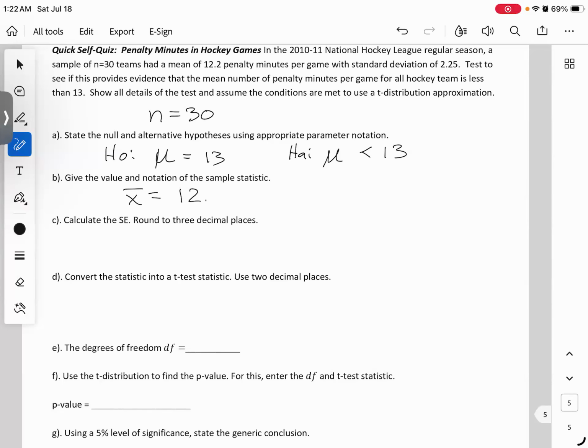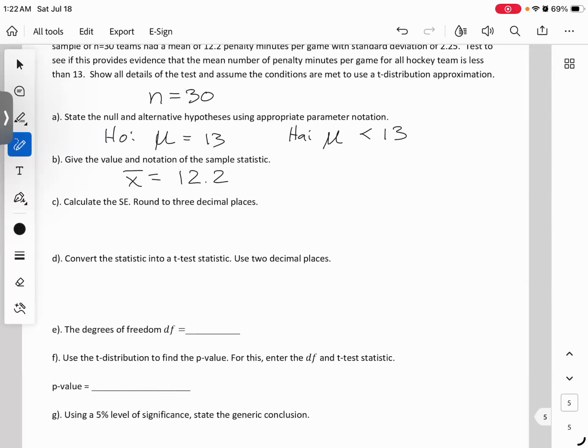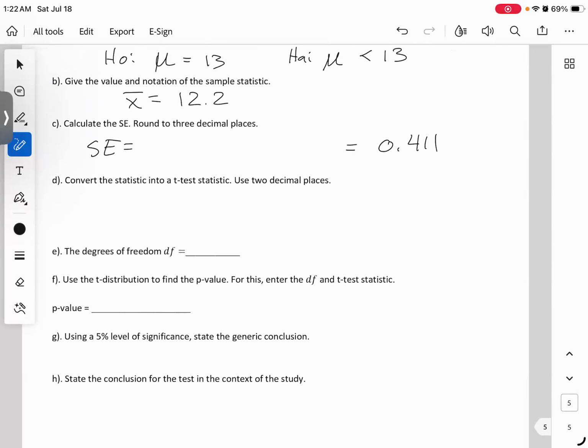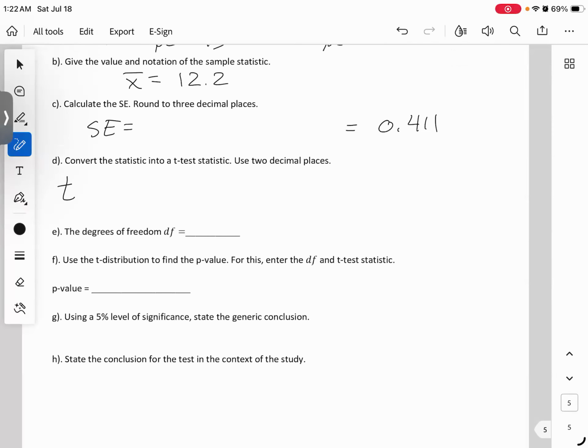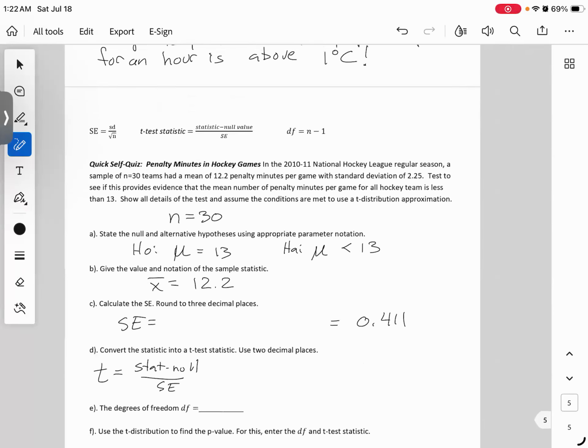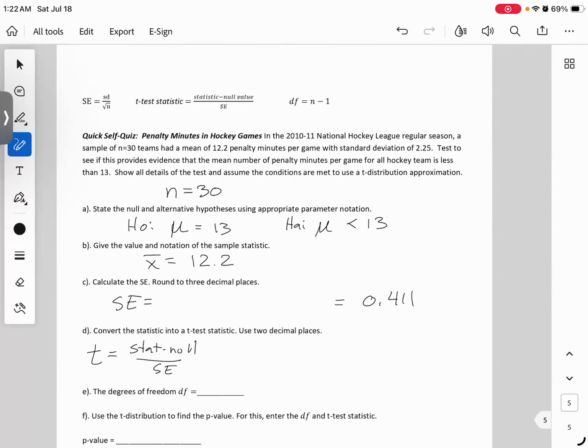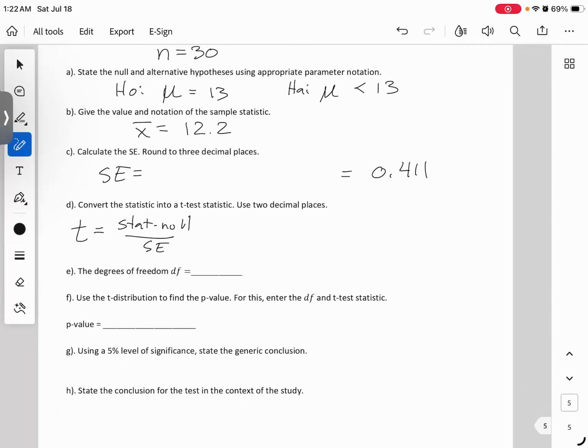The sample came back with 12.2. The standard error, if you just follow the formula, should give you 0.411. The t-value, using the stat minus null over SE, with everything provided at the top, you should get negative 1.95.